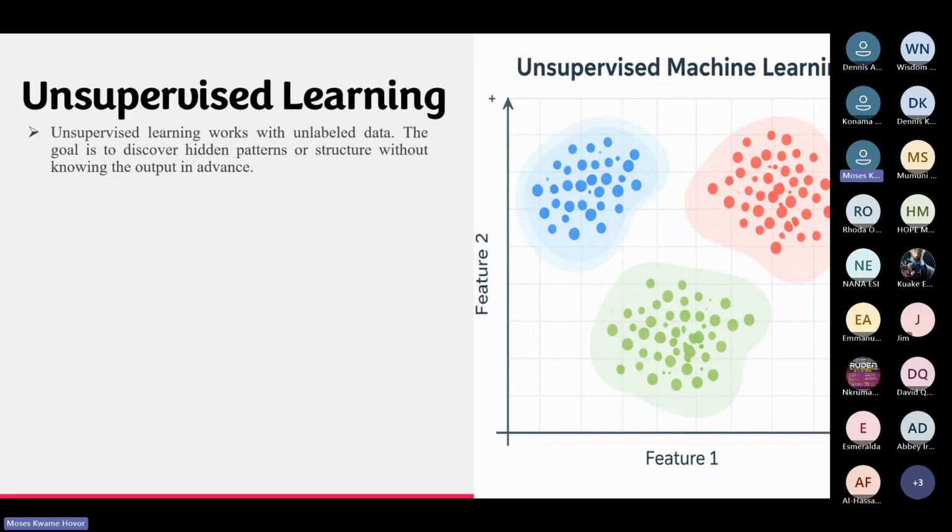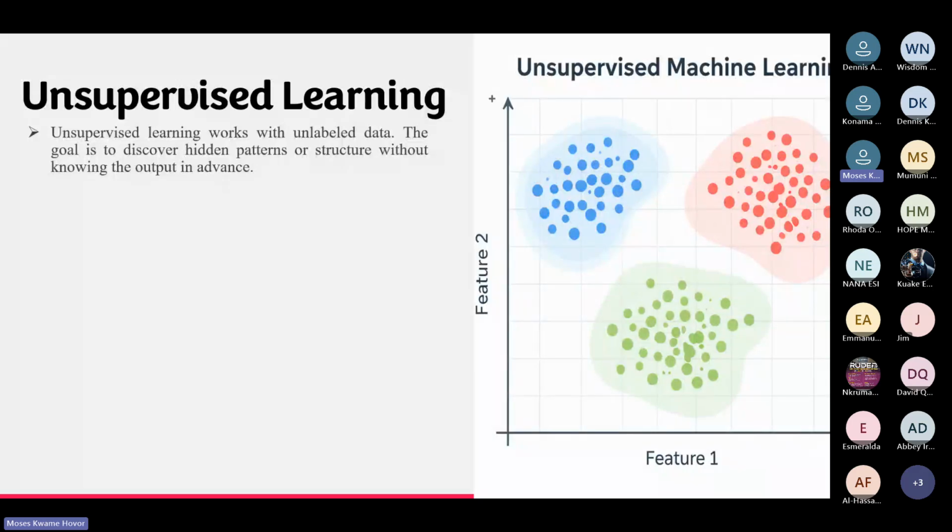As in the regression example, if I have a student with a GPA of, let's say, 3.56, that student is going to have certain attributes. Supervised learning is going to understand the attributes of that student and bring out the output, which is the GPA.